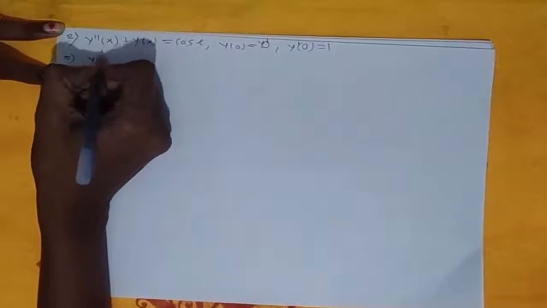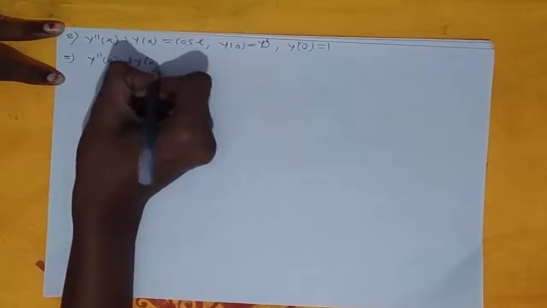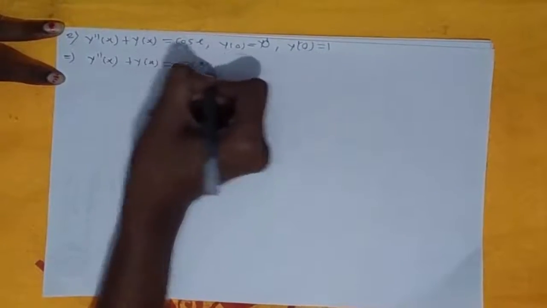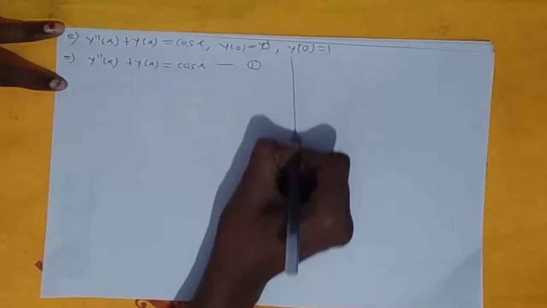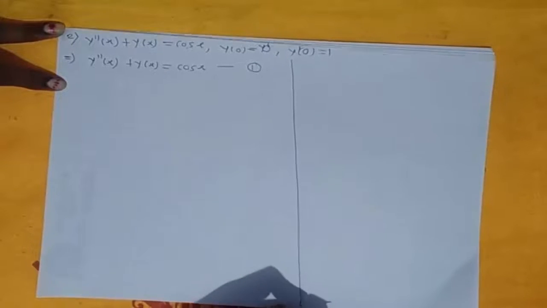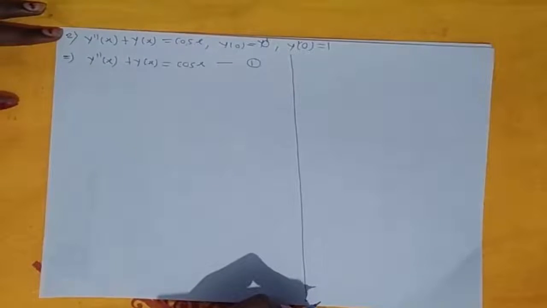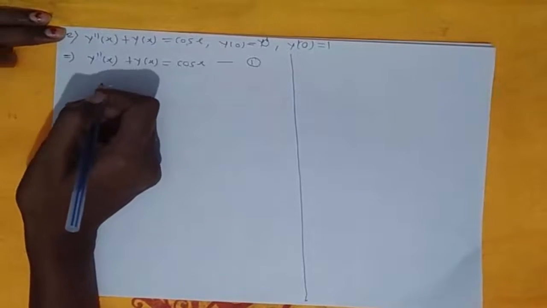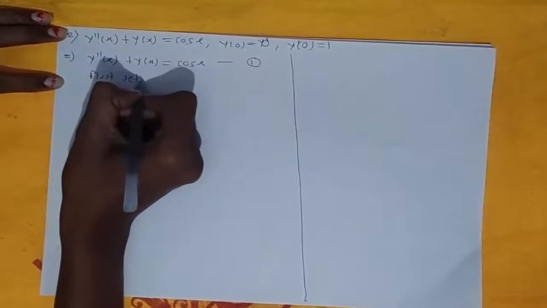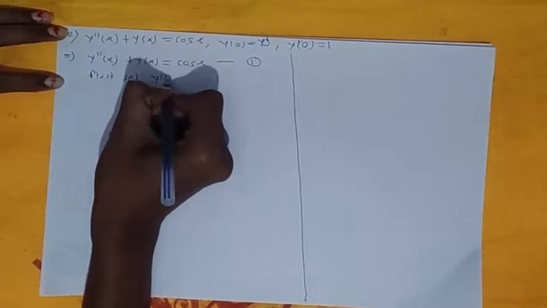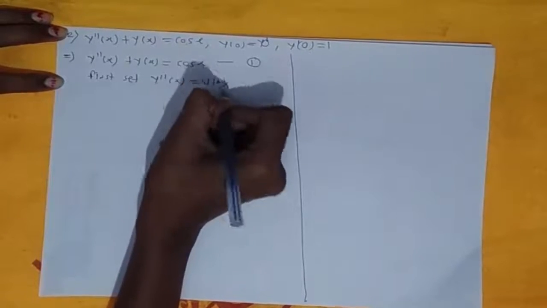First we rewrite the given equation, that is y double dash of x plus y of x is equal to cos x, and take it as equation number 1. First, set the higher order derivative equal to some function in x, that is here y double dash of x is equal to u of x.